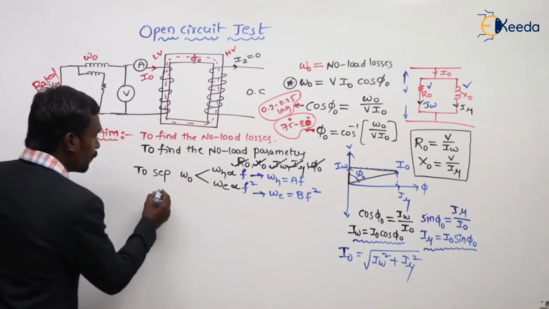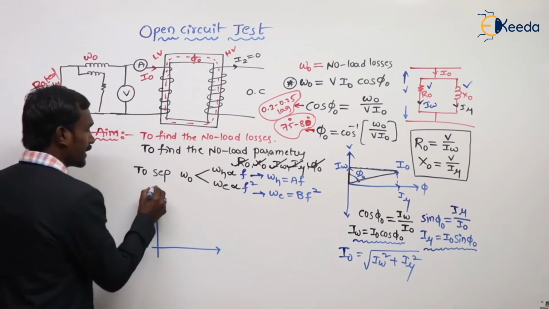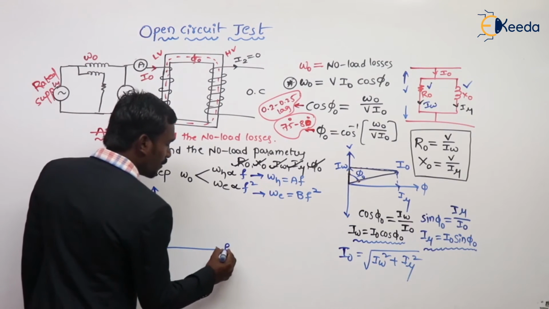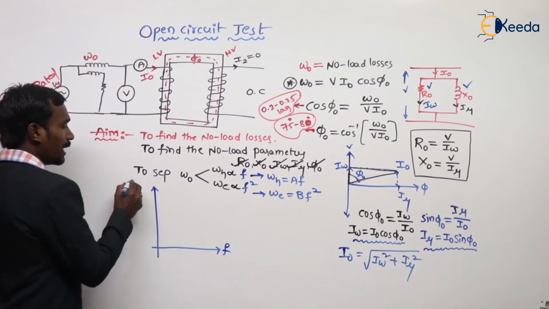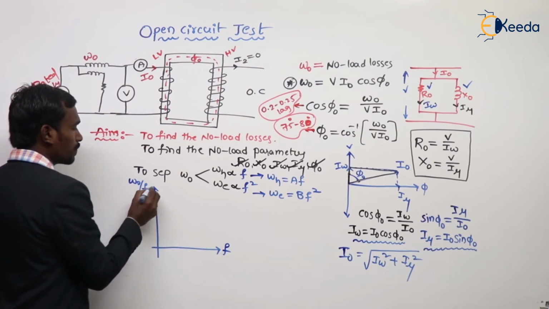For that we have to take a graph between frequency and W naught by frequency.